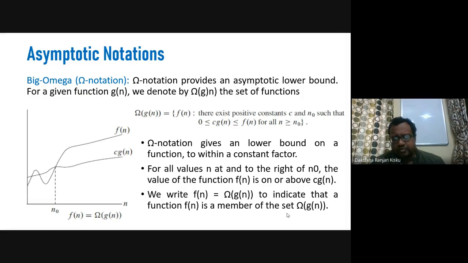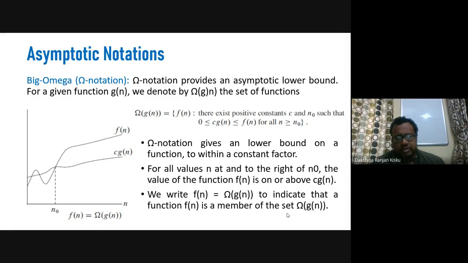So whatever functions are given, if both functions satisfy this relation, then we have to determine the values of the positive constants c and n0 such that 0 less than or equal to c g(n) less than or equal to f(n) is satisfied for all n greater than or equal to n0. So essentially here f(n) is a member of big omega of g(n).